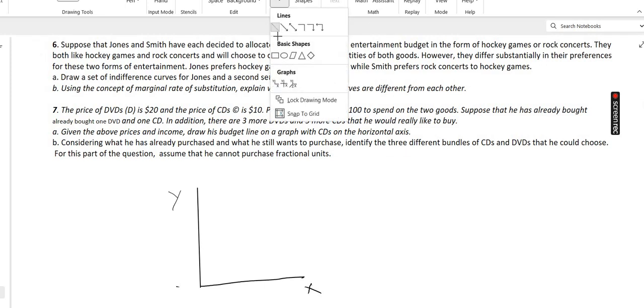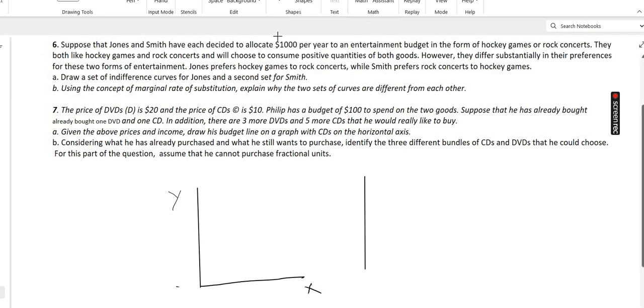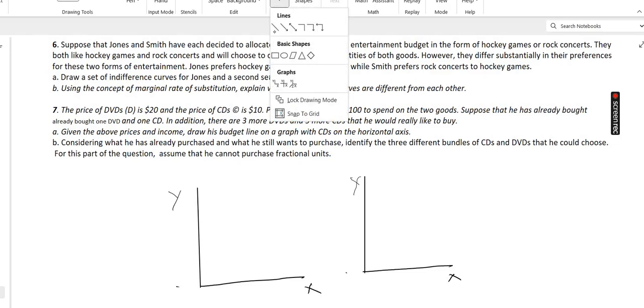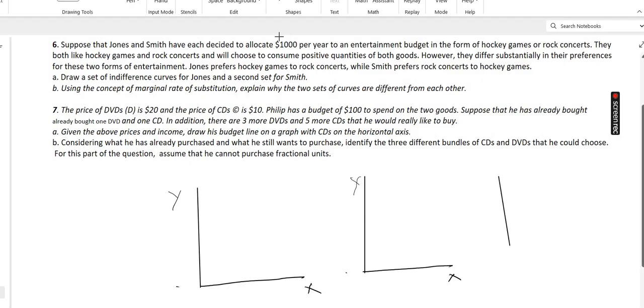Let me take another one, with x and y plotted again.